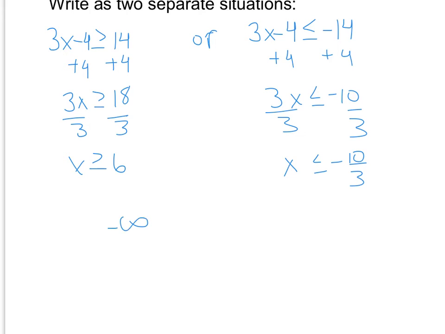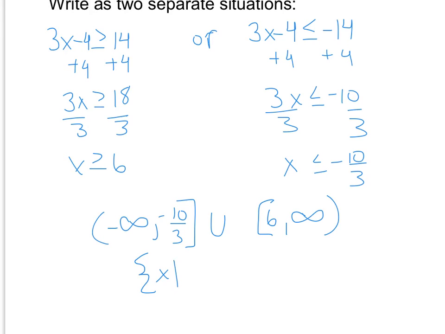Remember, that would be negative infinity to negative 10 thirds. And it can equal it because it's less than or equal to. And then you say union 6 to positive infinity. And then the set notation would be, you should always start with the smaller half. Okay?